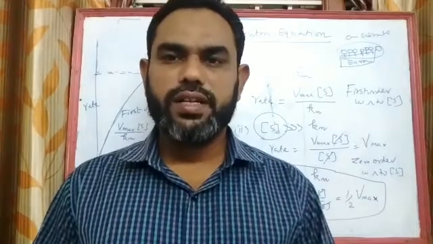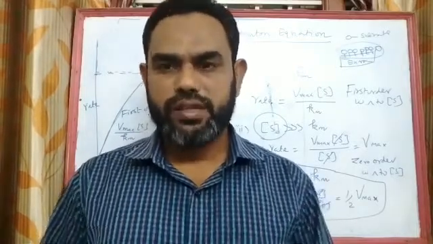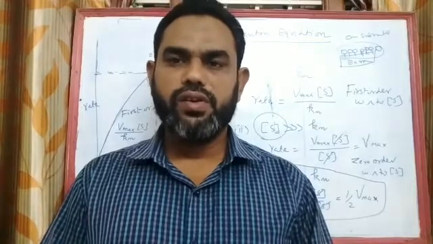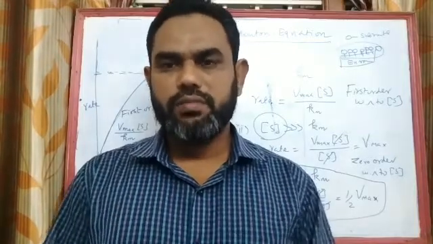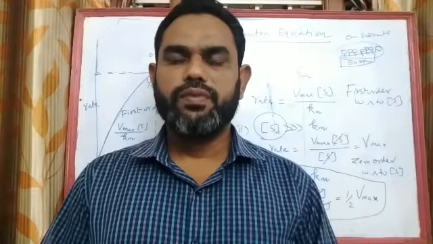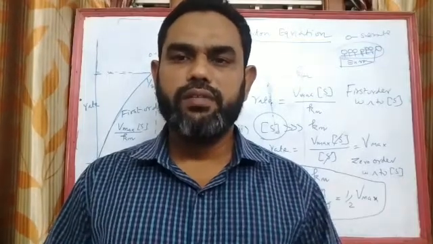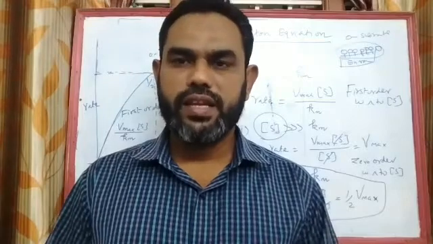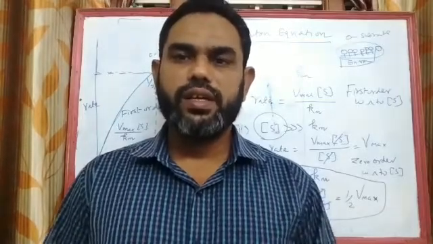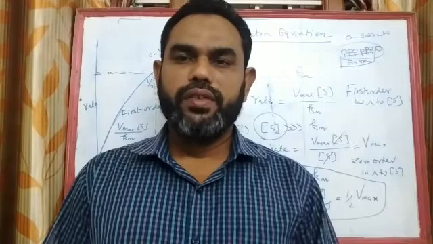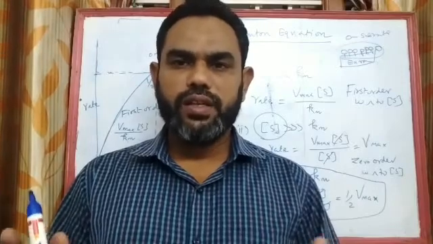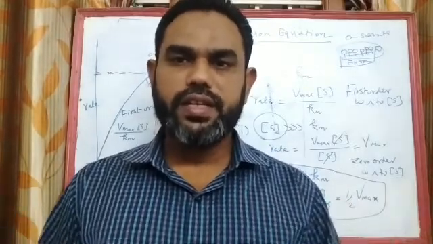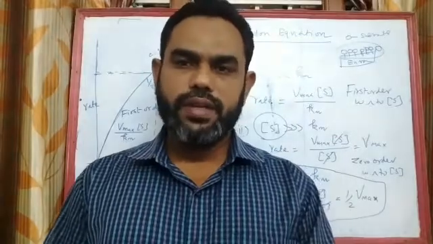And we have also learned what is half Vmax concentration, and we have also learned what is turnover number: the number of substrate molecules that can be converted into product by one single molecule of an enzyme is called a turnover number. Okay, and with this we are completing the discussion on the Michaelis-Menten equation.